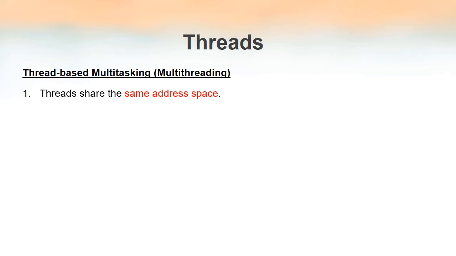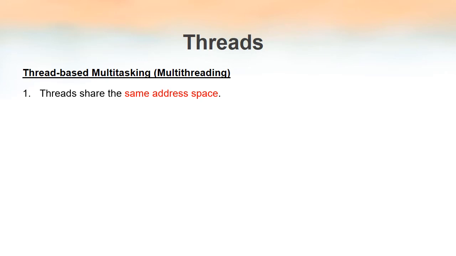Why are we saying threads are lightweight? Because unlike processes, threads share the same memory address. That means if we have 5 threads, all these 5 threads will share the same address space. There is no need for creating a separate memory area for each thread. But in processes, if there are 5 processes, we have to allocate a separate memory area for each of them.